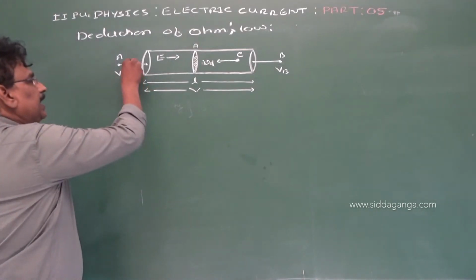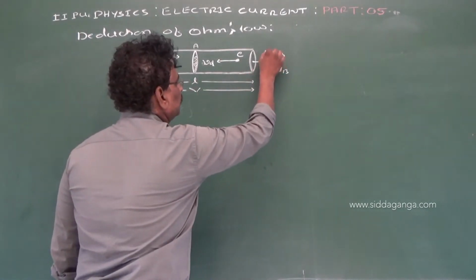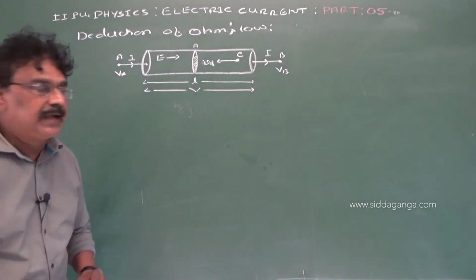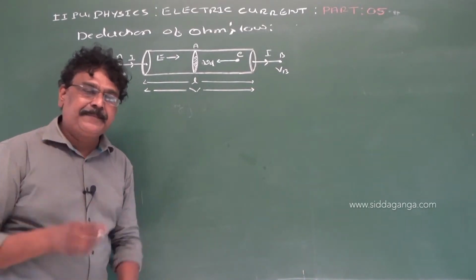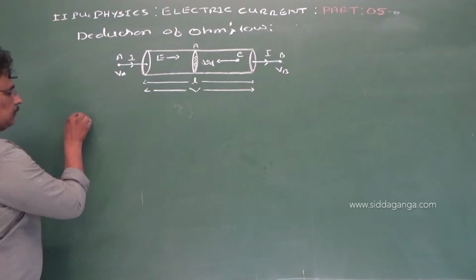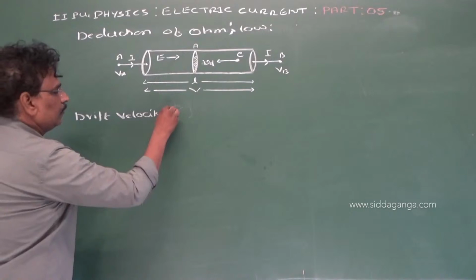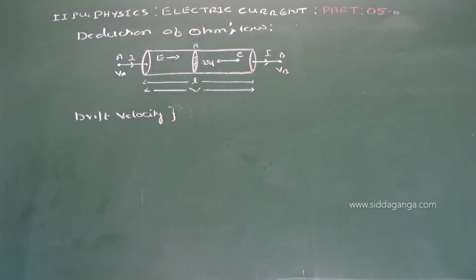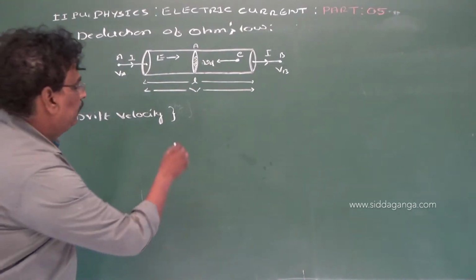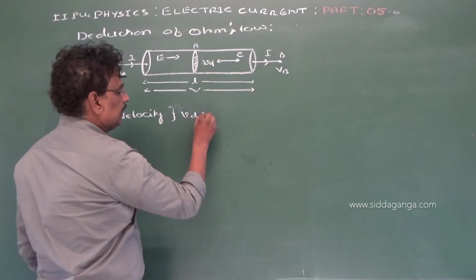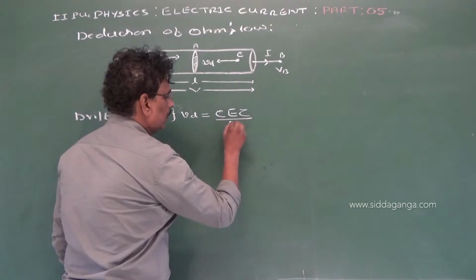Let I be the electric current flowing through the conductor, and V be the potential difference. Again we have drift velocity Vd is equal to e tau E by m.